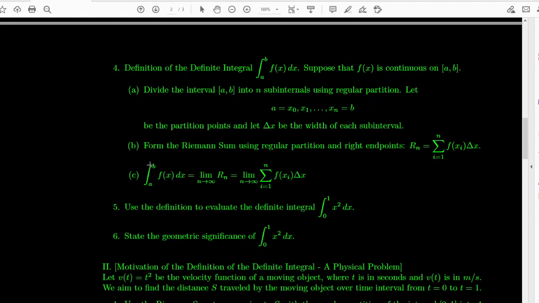Geometrically, if the function is positive, then the definite integral means the area under the graph of the function when x is from a to b, comparable to the case when you have the area of a curved triangle.